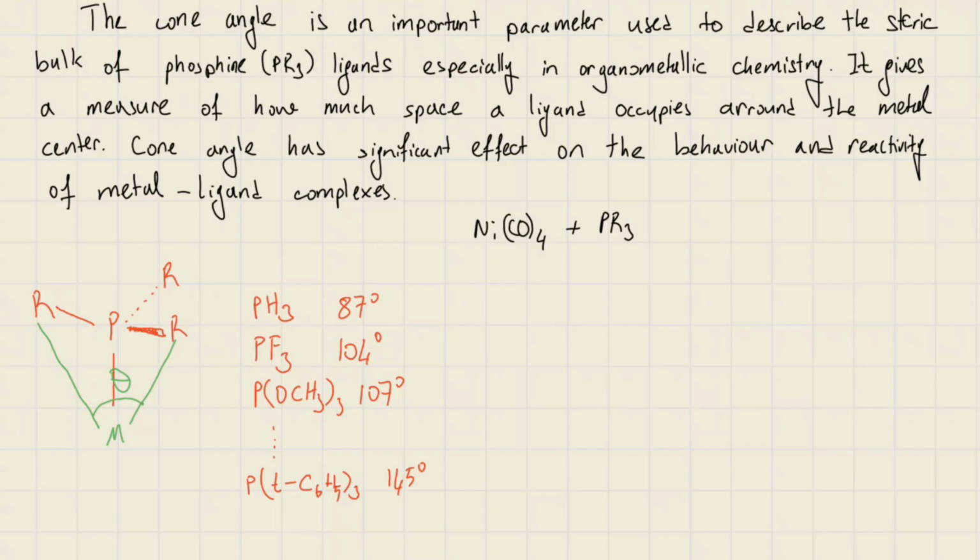If the ligand has a small cone angle, for instance PH3, then you can add all the ligands. This complex can be Ni(PH3)4. However, if the cone angle is high, you might not add more than 2 PR3 groups.